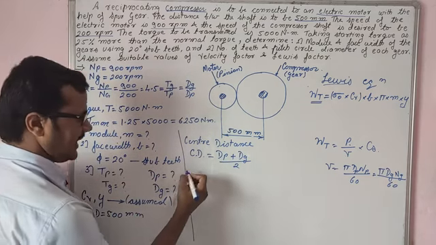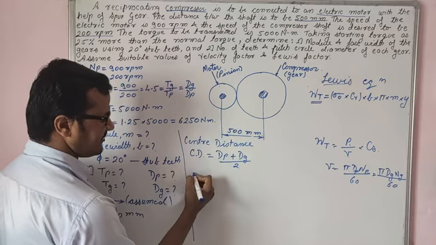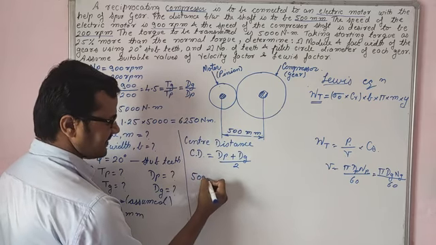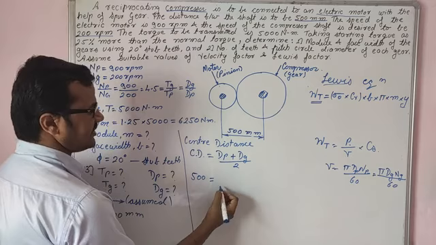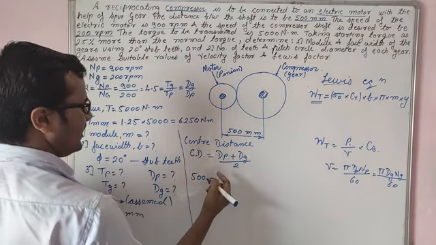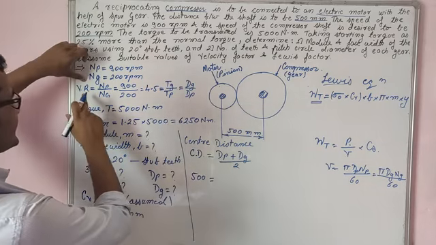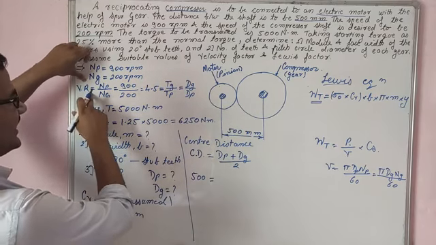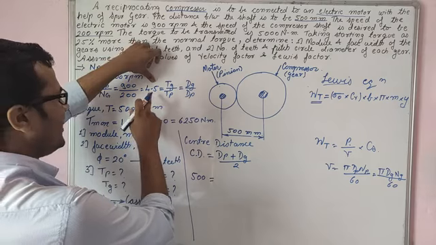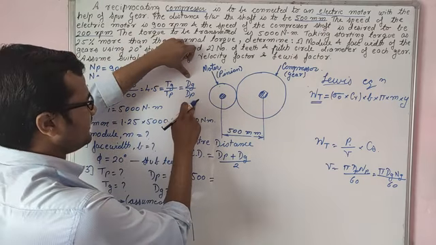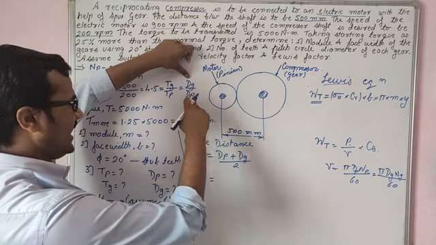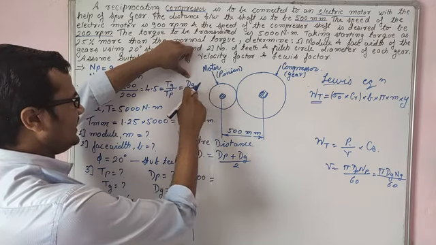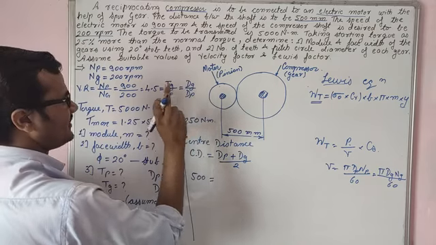Now the center distance is given as 500 mm, so 500 mm equals half the diameter of the pinion plus half the diameter of the gear. Now use this relation: the velocity ratio is equal to 4.5, and 4.5 is equal to dg by dp. Can I say that dg is equal to 4.5 times dp?